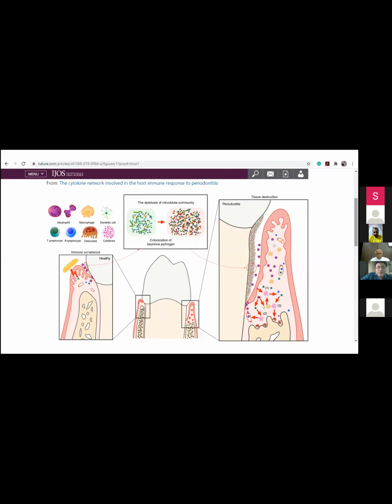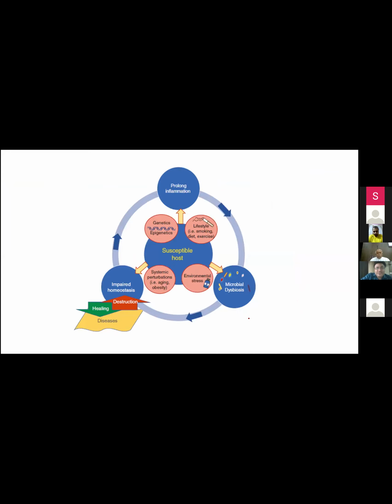So if we combine all these things, we come to this equation. For periodontitis to occur, first you need a susceptible host. More the predisposing factor, greater the risk to develop periodontitis. And in this person, three things should happen. There should be microbial dysbiosis. This is the first thing which has happened out of symbiosis.